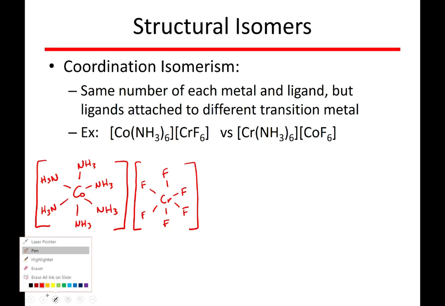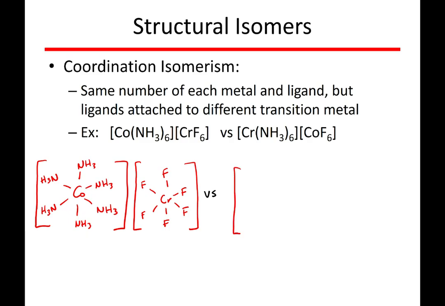That's one isomer. And then the other isomer is the following. We're going to have now the Cr in the cation attached to 6 NH3s. That's our cation.